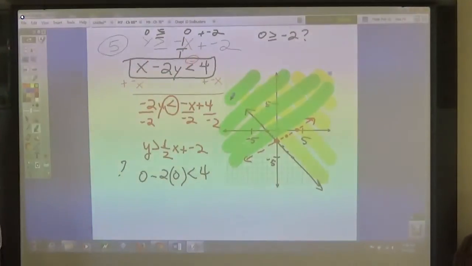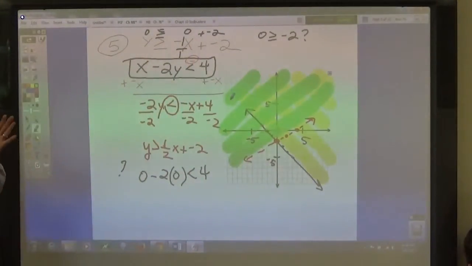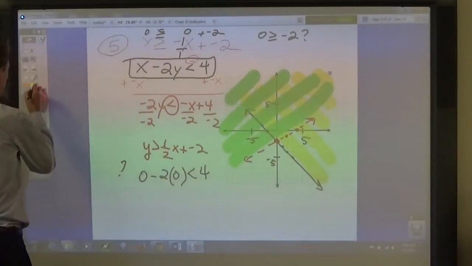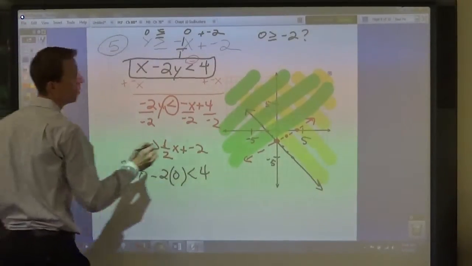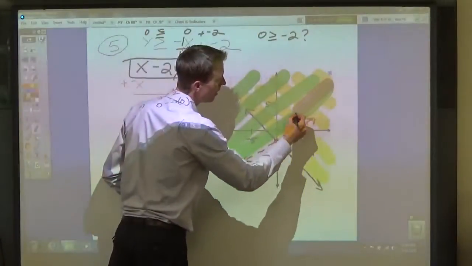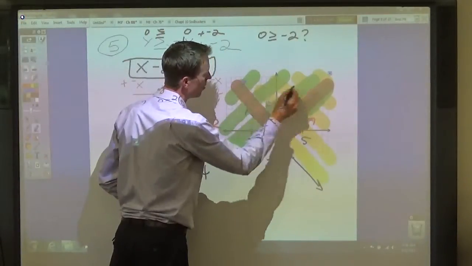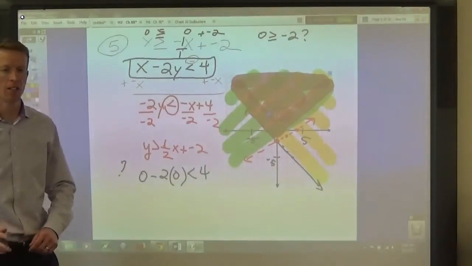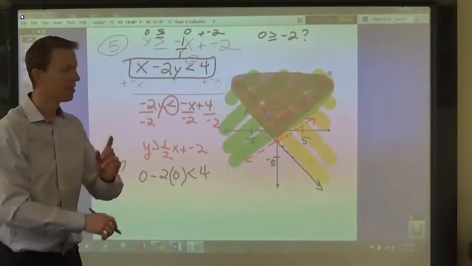Now, do you notice which area is double shaded? It's between these two. So this area right here, the double shaded region. No, you don't need 3 colors. Hey, listen. Class, listen.